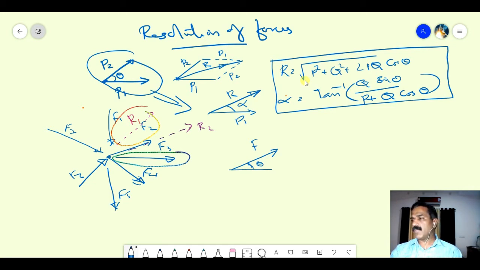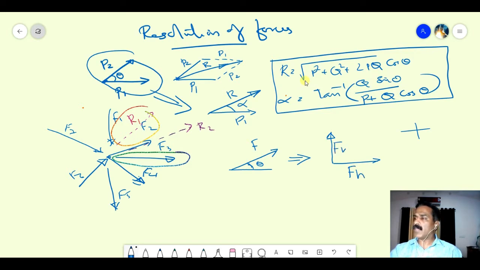Therefore, this force can be represented as two components like this. Say if you are considering the x and y axes as the reference axes, then a horizontal component and a vertical component: this is the horizontal component FH and this is the vertical component FV.